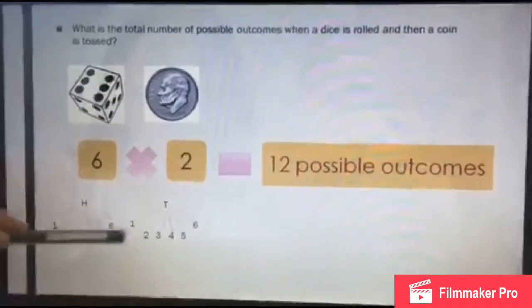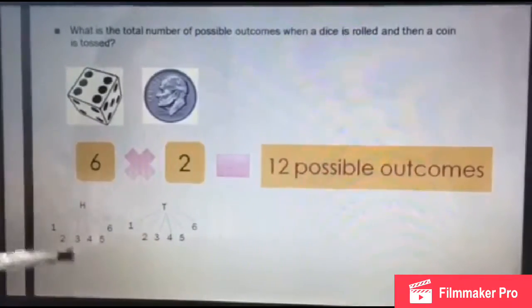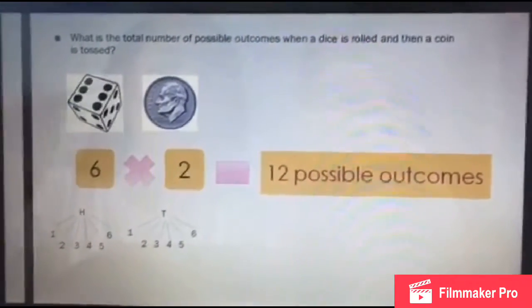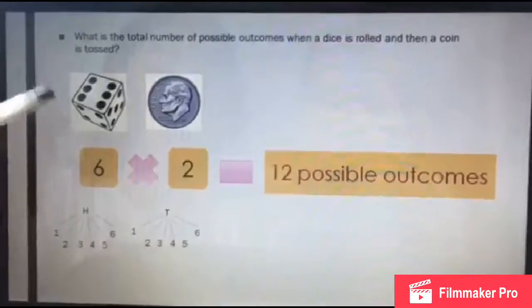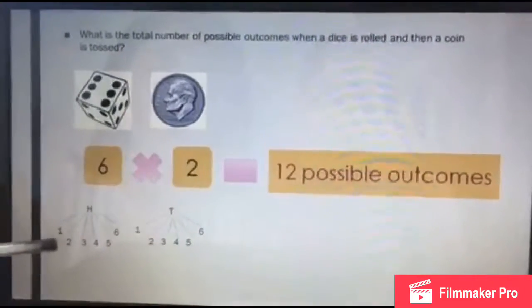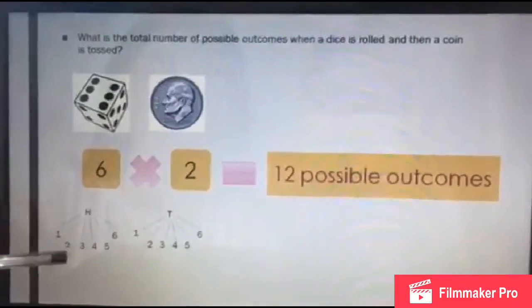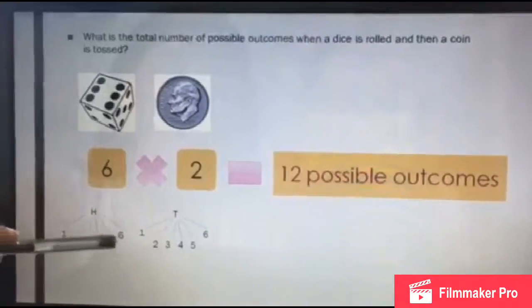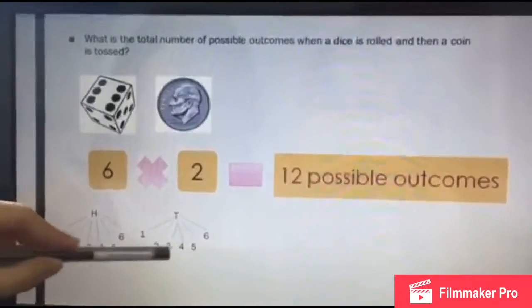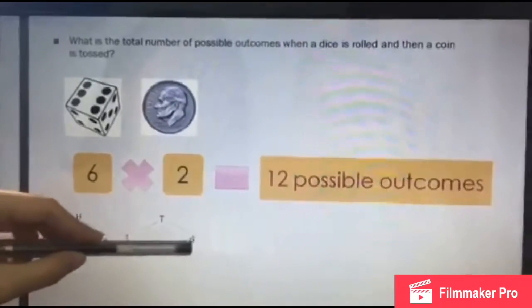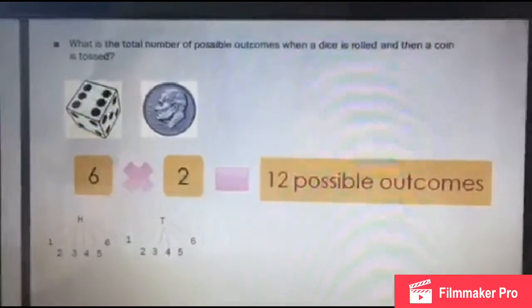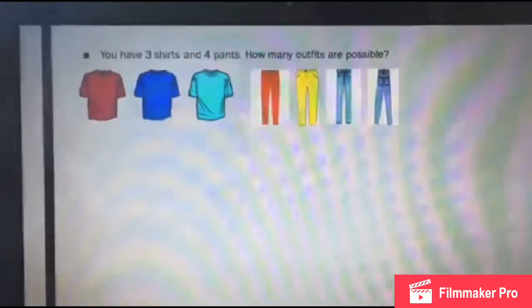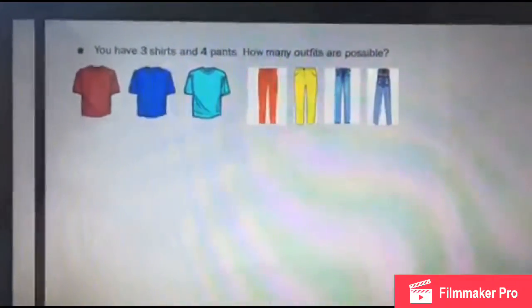These numbers 1 to 6 represent the possible outcomes of the dice. So when you count this, 1, 2, 3, 4, 5, 6, 7, 8, 9, 10, 11, and 12, we have 12 possible outcomes.